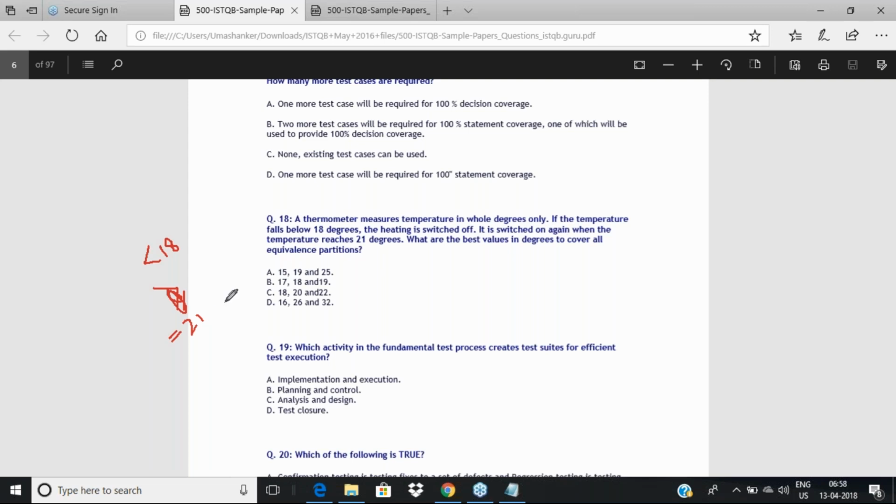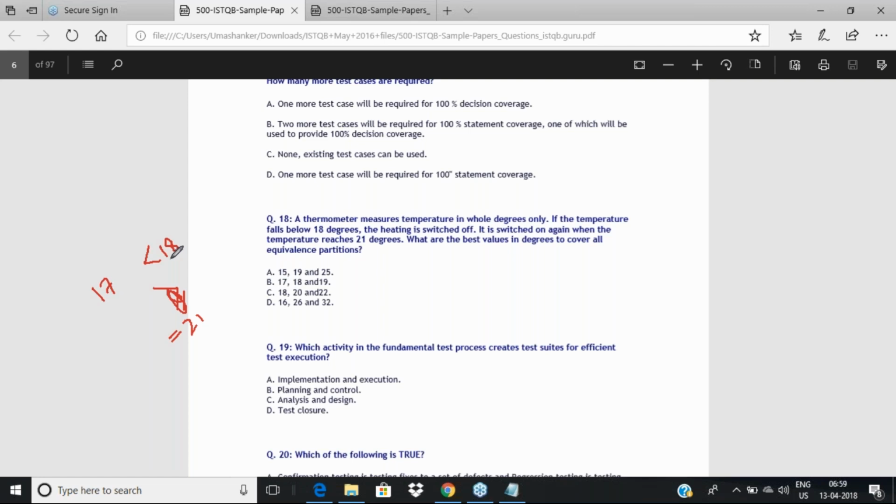Okay, so 15 is nowhere in the picture, we don't need it, right? 15, 19, 25 we don't need. 17 is below 18 degrees, so less than 18 means we need 17. So there is a chance that B can be the answer, but we have to look closely at the others.